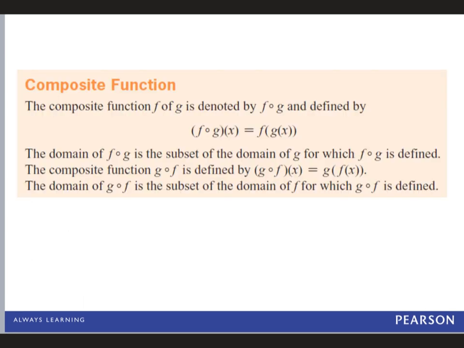So the last big idea we're going to talk about is the idea of a composite function. And it looks, in some ways, similar, the notation, to finding the product of two functions. But I'm just going to write down the notation for a product, and so you can compare them. So up above here, I've written f times g of x, the product of f of x and g of x.